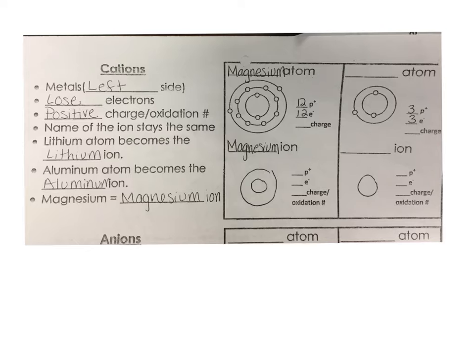All right. So looking at your cations and anions, what you need to know is that metals, which you labeled on your periodic table, are going to mostly be positively charged when they're doing interactions with other atoms. So when they're bonding with other atoms, they're typically going to be the positively charged ions.